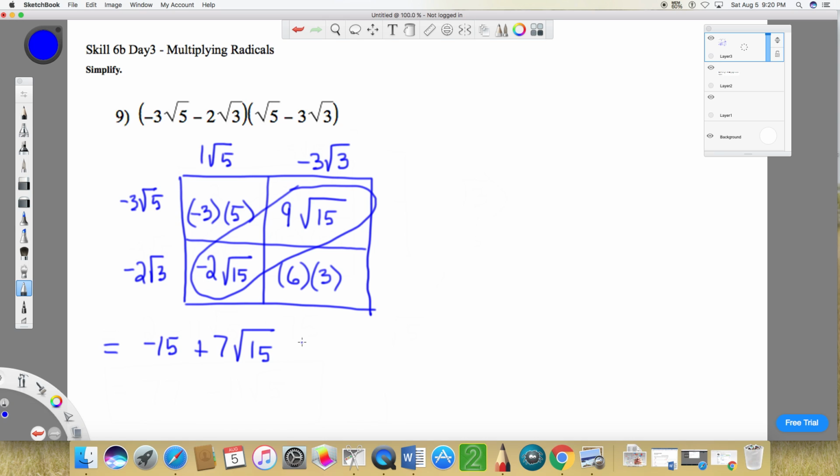And 6 times 3 is 18. So like I say, these first term and last term there are like terms. We can combine them, and negative 15 plus 18 is just a 3. So I can't do anything more with this. I can't simplify it. This is in lowest terms.